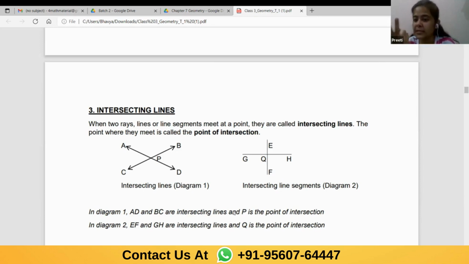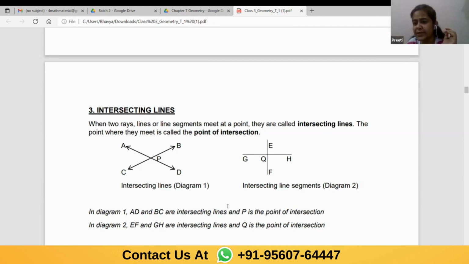So when two rays or lines or line segments meet at a point, it means they cross each other. They intersect each other. They can intersect anywhere: starting point, end point, in the middle or anywhere. The point where they cross or intersect each other is called the point of intersection.